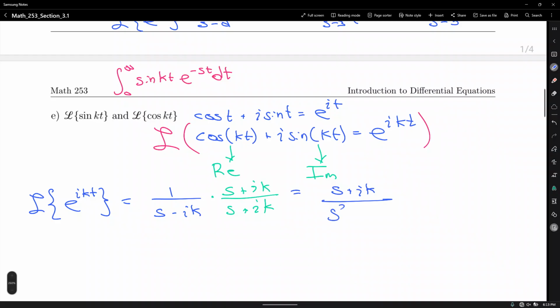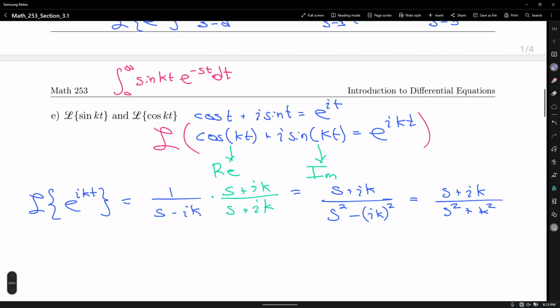This is s squared minus ik squared. Guys, what is i squared? Does anyone remember what i squared is? Negative 1, times this negative, what is that equal to? Positive. So that's s plus ik over s squared plus k squared.